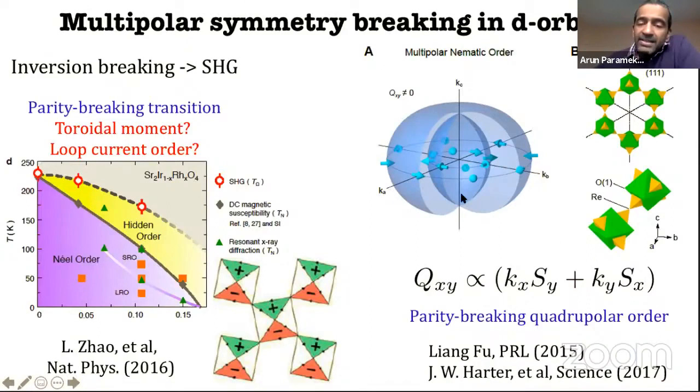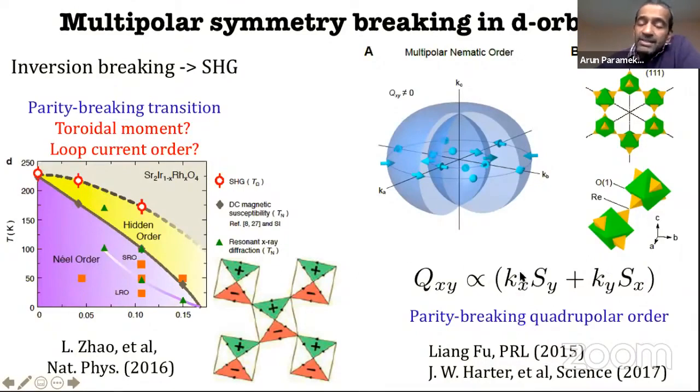But in an itinerant system with mobile electrons, one can also imagine making this out of electronic degrees of freedom, where you tie the momentum of the electron and the spin to construct combinations which transform in almost the same way. So it's kx times sy plus ky times sx. Under things like rotations and so on, they would transform similarly.